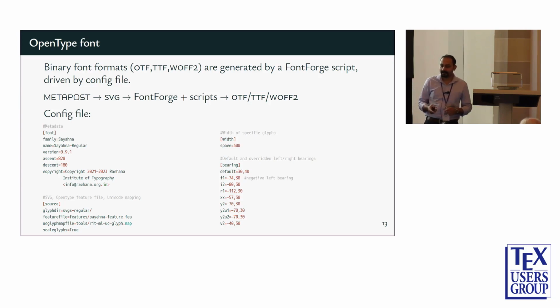But what we have opted for currently is a simpler INI format configuration file where you specify the Metafont metadata, such as the font family name, the version, copyright information, license, and the default ascent and descent values, which are important because when FontForge imports the glyphs or the SVG files into the glyph slot, you have to have a defined, typically 1,000 pixels by 1,000 view box.